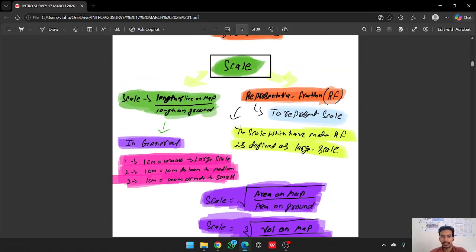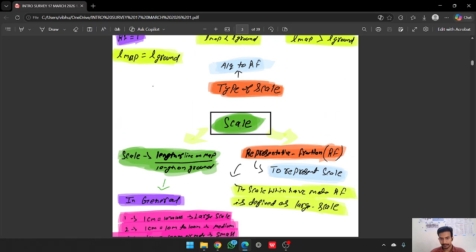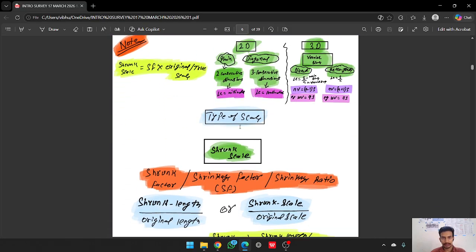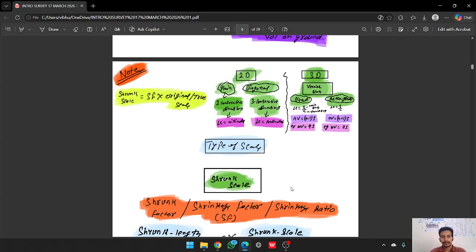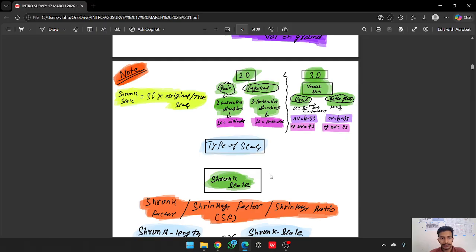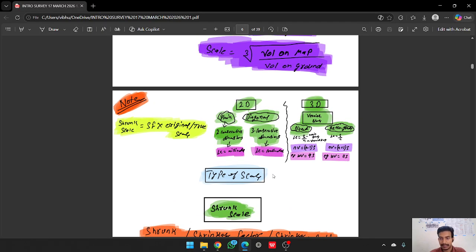Yeah, we have completed the scale topic. Now there is a type of scale, and this is important, I mean, shrunk scale. In shrunk scale, there are types of scale which are 2D and 3D. 2D means there is plane and diagonal.